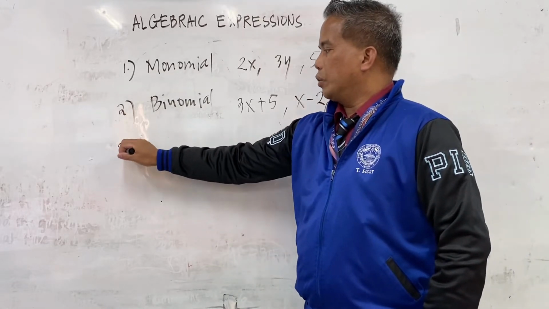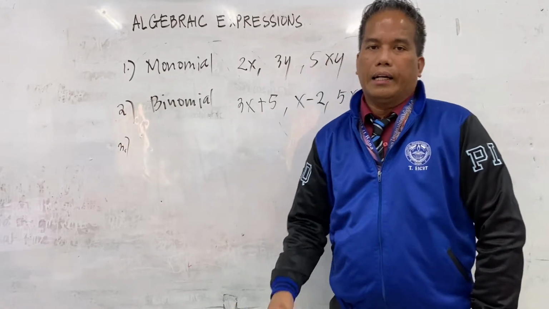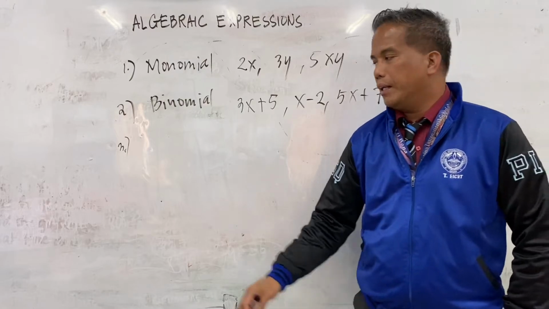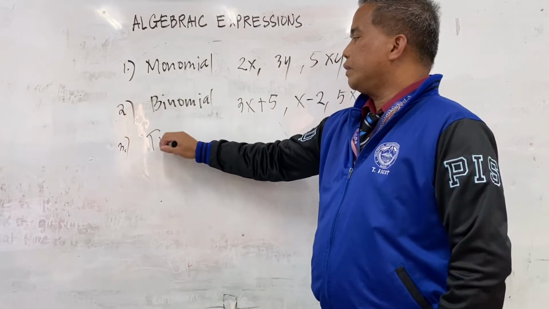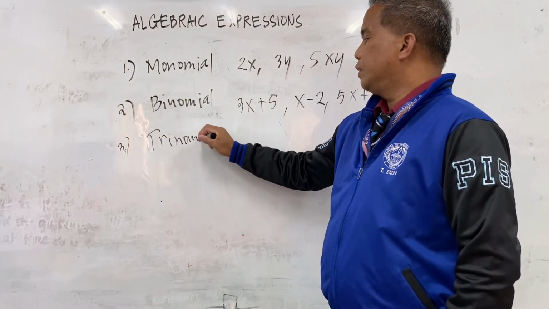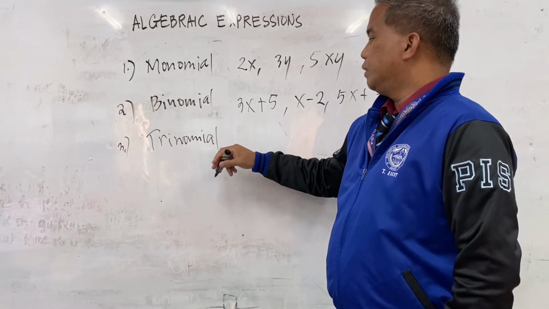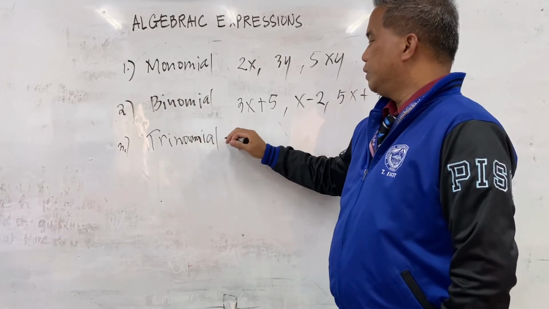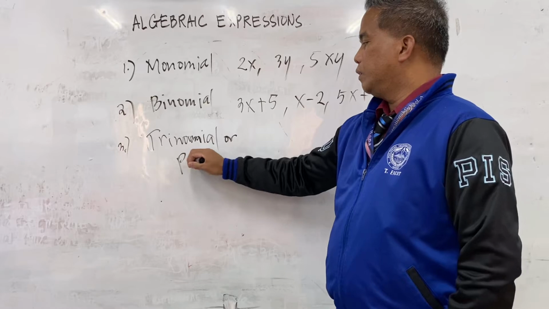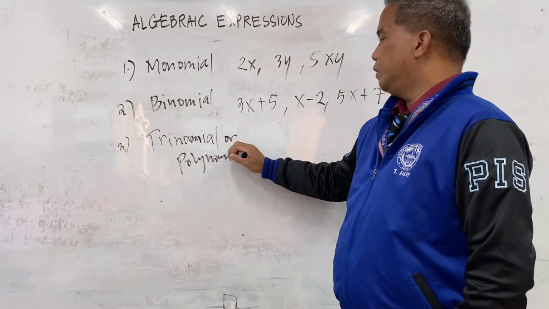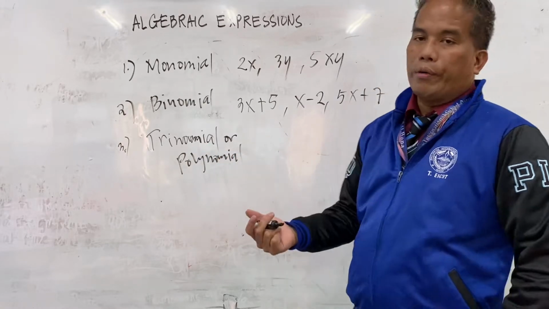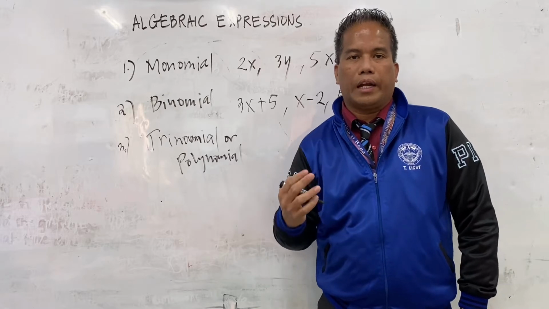And the third one is what we call the trinomial or polynomial. So when we say trinomial, it consists of three terms.